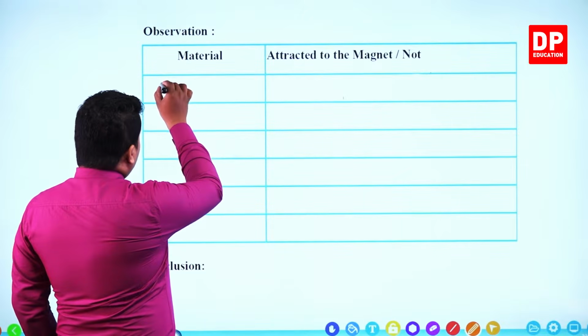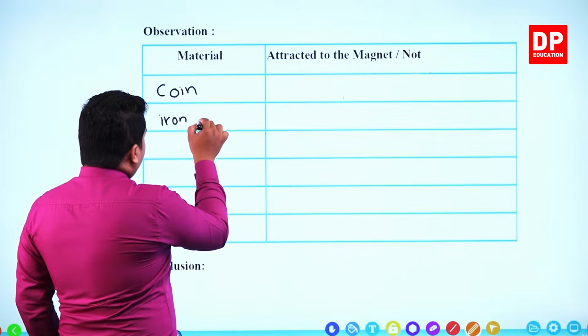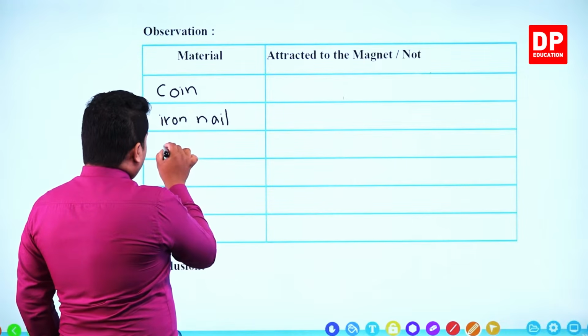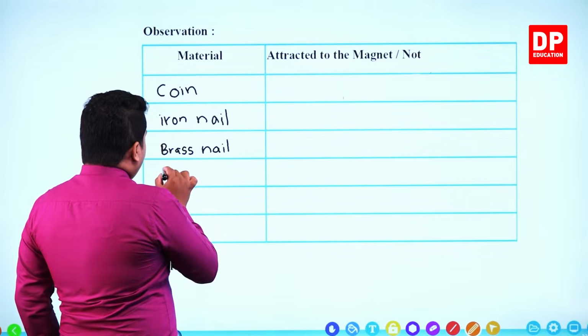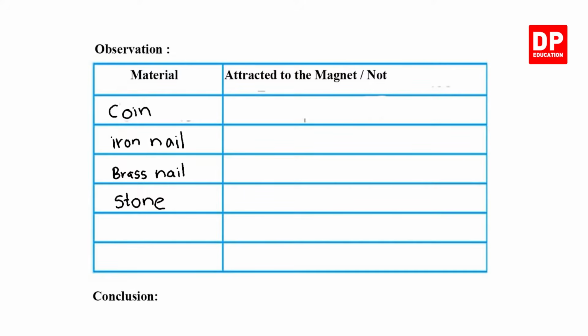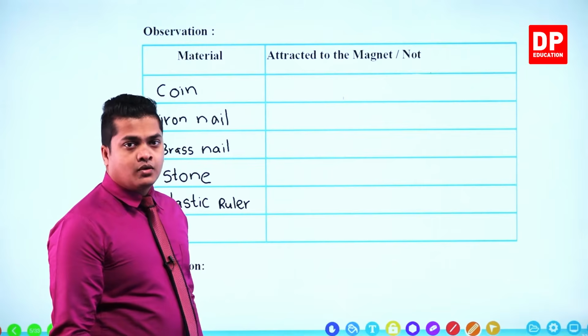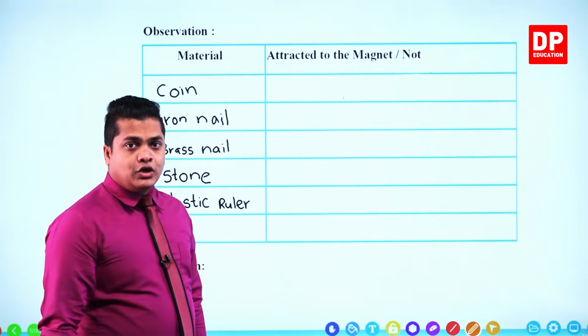We had a coin, iron nail, then brass nail, then after that a stone, and a plastic ruler.